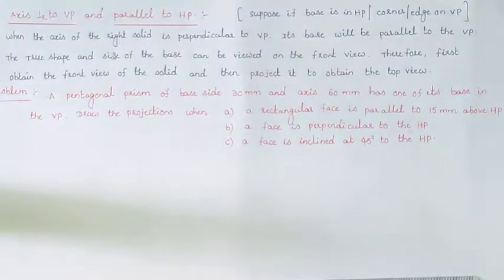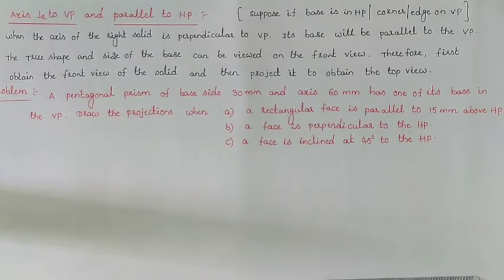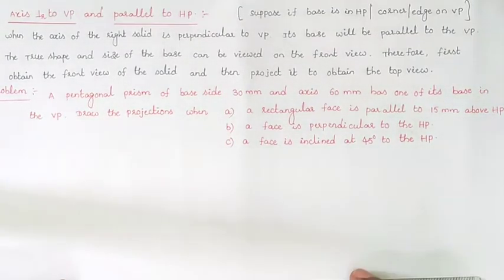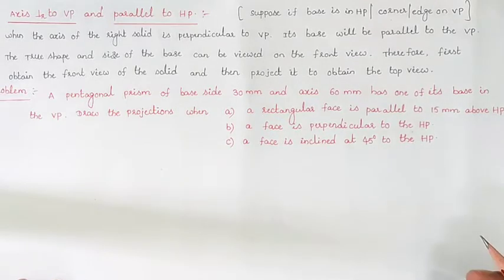What do you mean by this? This is the base and also this is the base. This face is always parallel to the VP. So the true shape and size of the base can be viewed on the front view, and therefore first obtain the front view of the solid and then project it to obtain the top view of our diagram.